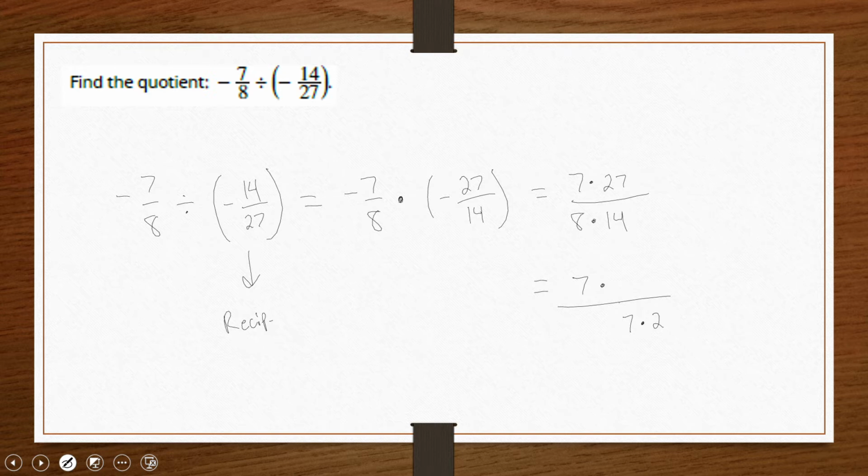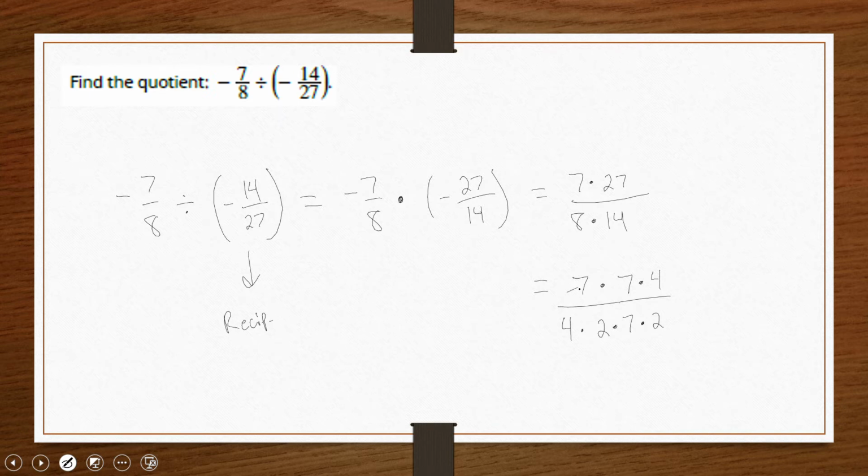In this case, I could say that 27 is the same as 7 times 4, and 8 is just 4 times 2. Right? So we've introduced all the appropriate factors that will help us reduce this really quickly.